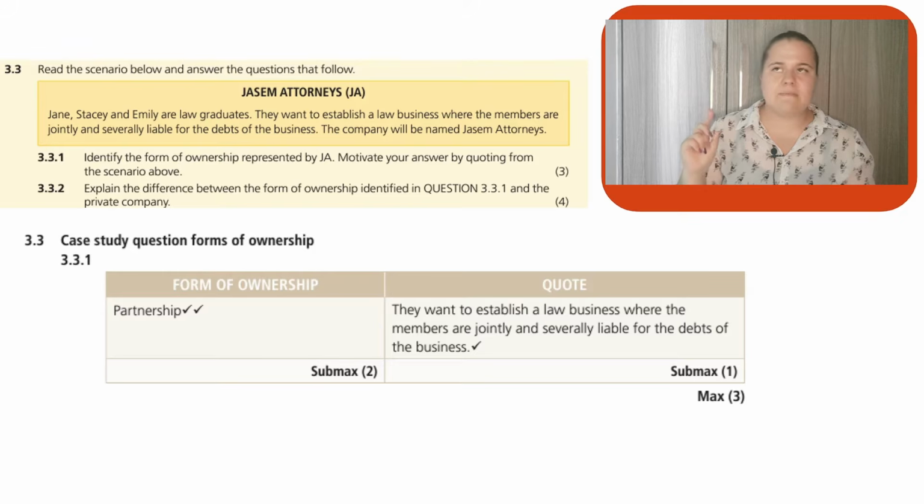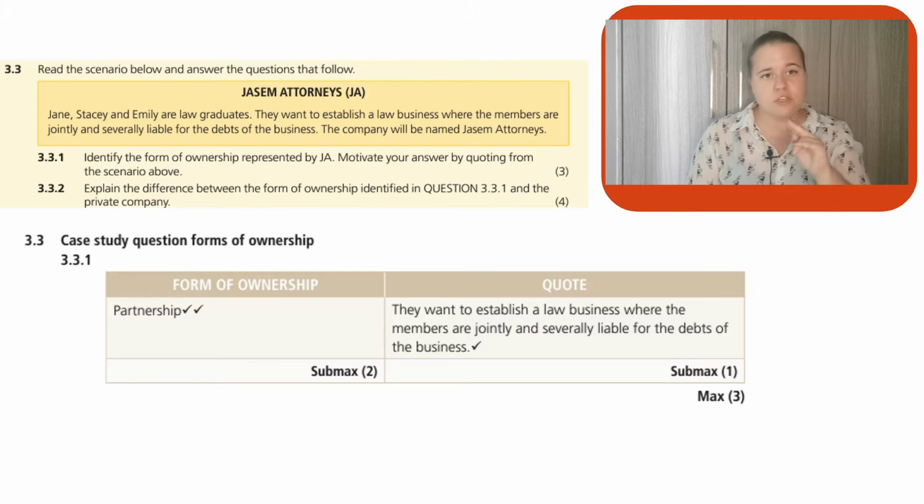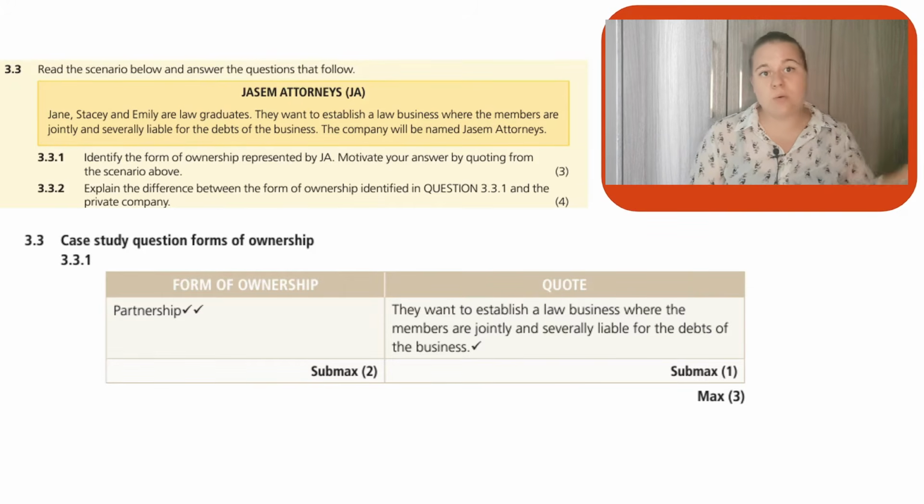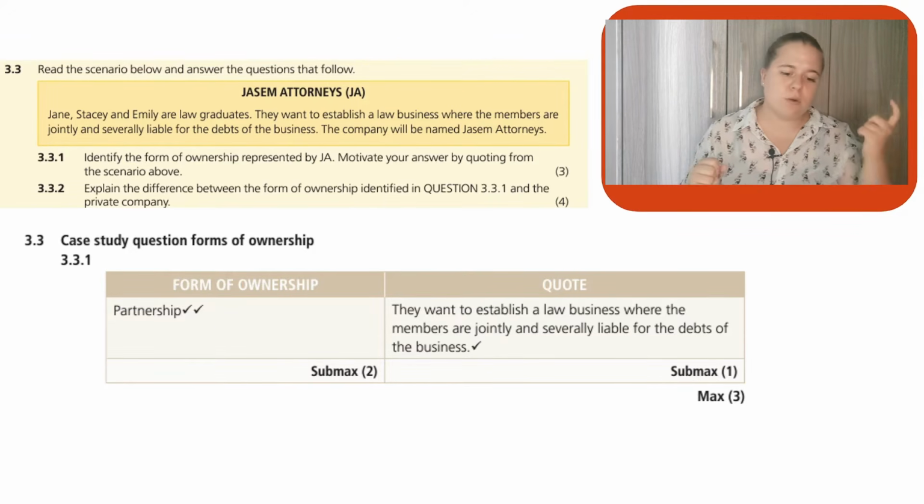If you had mentioned public company and you had quoted, you won't get any marks for that. So with this question, it doesn't have a note there. But with this question, most memos will state that the form of ownership, the identifying, has to be correct in order for the quoting to get the marks. But now let's say we mentioned partnership, but we quoted the last sentence.